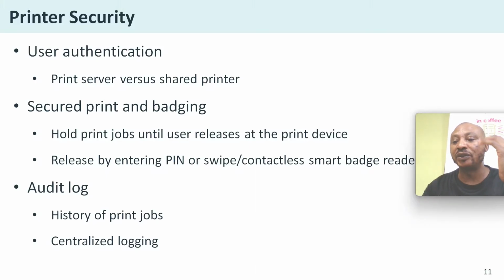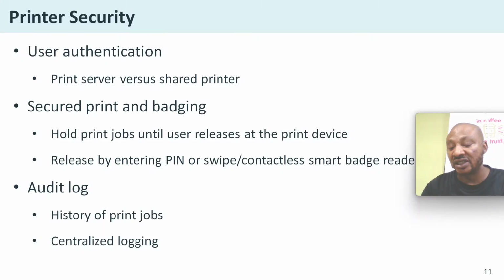Audit log: you want to keep track of everything that is happening. You can audit all the printing that is going on. You can go to the printer, check the issue, and see who has printed, how they printed, whether they printed as an administrator, which computer they printed from.